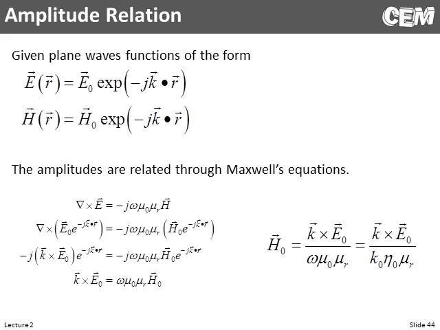So E, H, and the direction the wave is going are all at 90 degrees with respect to each other. So with that equation, we can calculate H from E. And we may need to do that when we do sources. Is everybody good with that? Okay.